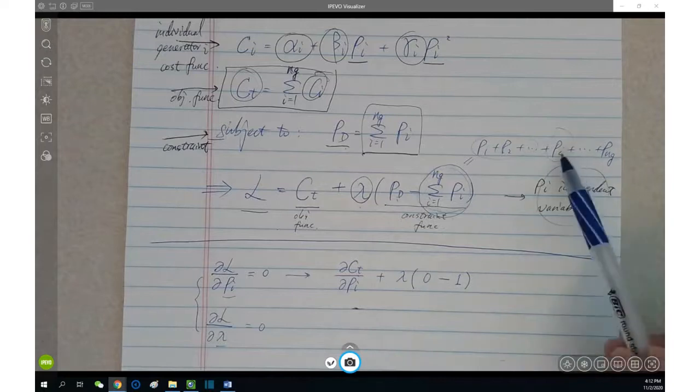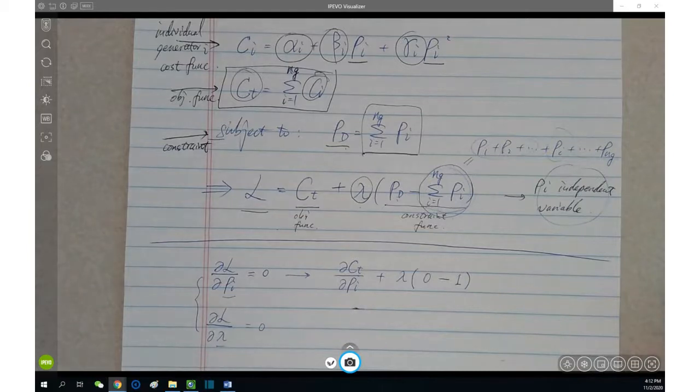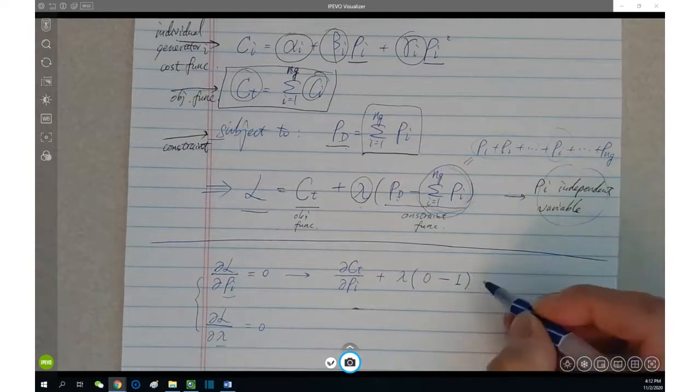The P's before and after pi have nothing to do with pi. They're independent of pi. Only pi itself depends on pi. So the derivative of pi with respect to pi is 1, right? Does it make sense now? And this equals to 0.